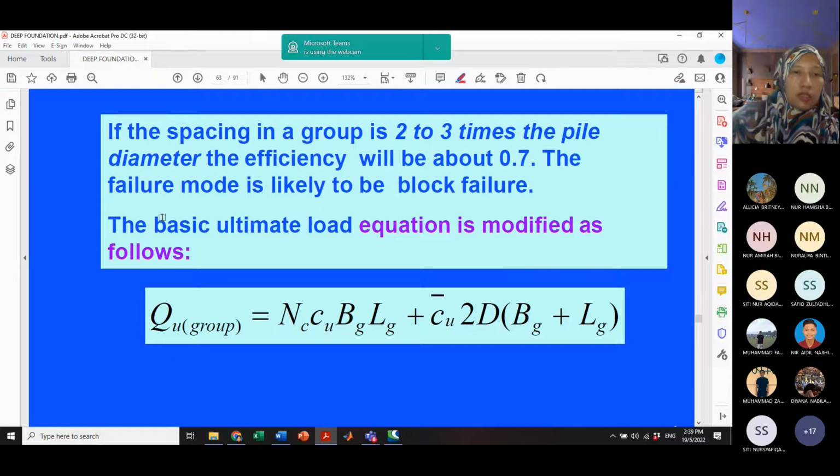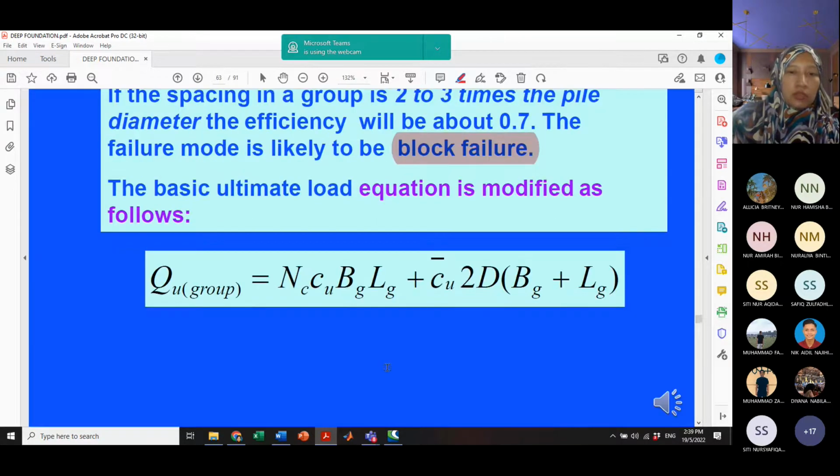So it says that if the spacing in the group is 2 to 3 times the pile diameter, the efficiency will be about 0.7. So the failure mode is likely to be a block failure. So the term block failure here is important. It explains the conditions of the pile group itself and how it will affect the settlement calculation.